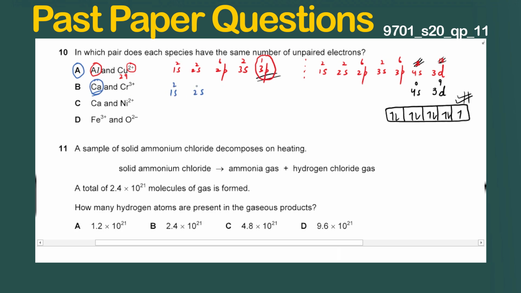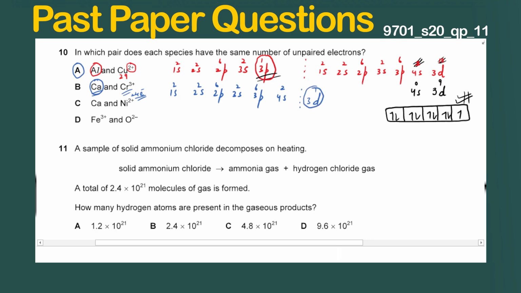Calcium has 2 electrons in the outermost shell, 4s. It has a total of 20 electrons. 1s2, 2s2, 2p6, 3s2, 3p6 and 4s2. And chromium, which contains 24 electrons, but 3 positive is shown, so it has 21 electrons.